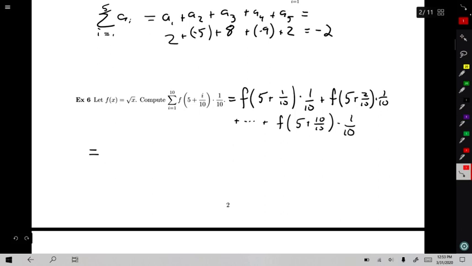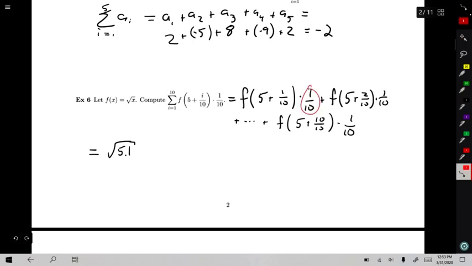Well, let's see. We can start with 5 plus 1 over 10. We know that is 5.1. And if we think about what the function f does, f says take the square root of x, or take the square root of the input, rather. So here my x value is 5.1, and so f of 5 plus 1/10 works out to be the square root of 5.1.